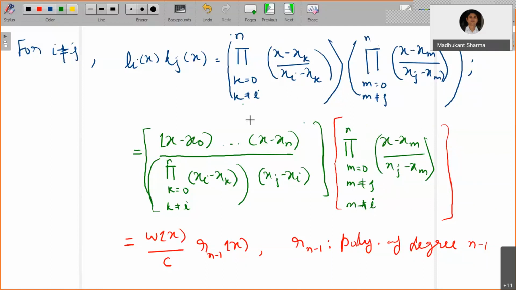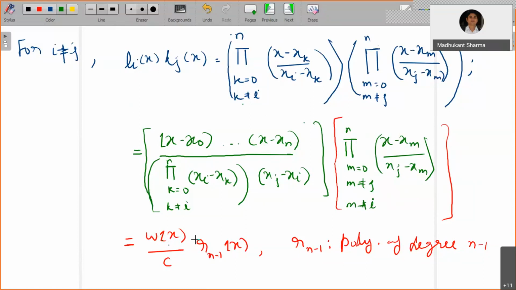And if you look at the numerator here, the numerator is w of x, and the denominator is nothing but some constant value. So it is w of x by c times r n minus 1 of x, which is a polynomial of degree n minus 1. Now you can very easily see that if you perform the integration from a to b over here, dx, it is going to be 0, because w of x is orthogonal to polynomials of degree less than or equal to n.